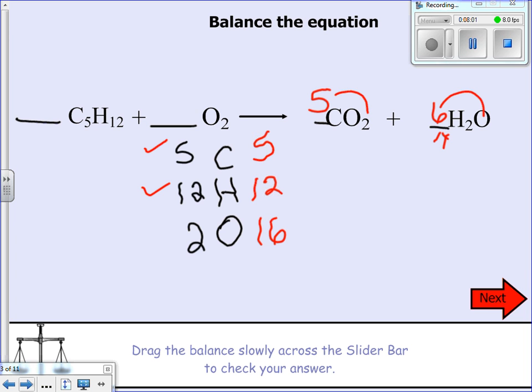So I need to put something in the blank for oxygen that will multiply by 2 to give me 16. So that would be 8. Change that to an 8. And now my oxygen check. So we're just going back and forth and making sure our total number of each element balance out. Make sure that they add up.